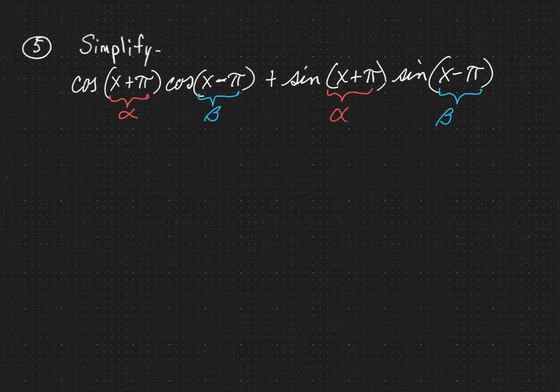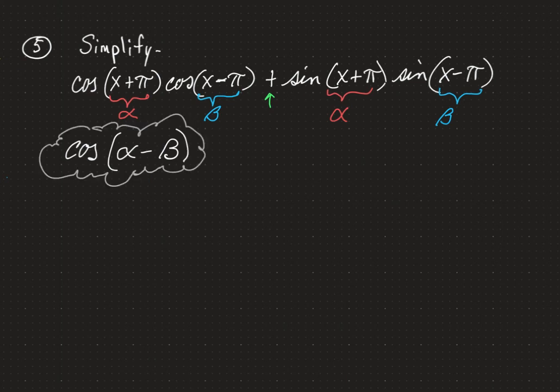Well, that would be the cosine of alpha minus beta. Because remember, the operation is different when you're dealing with cosine.